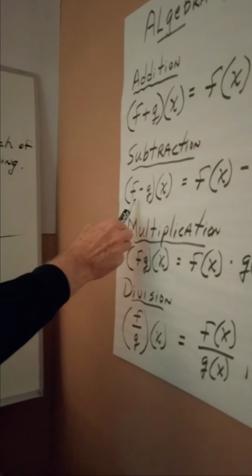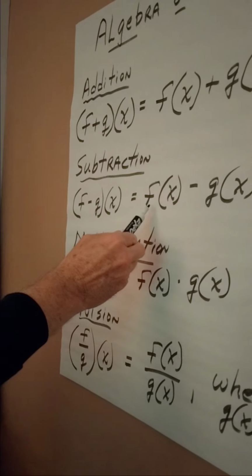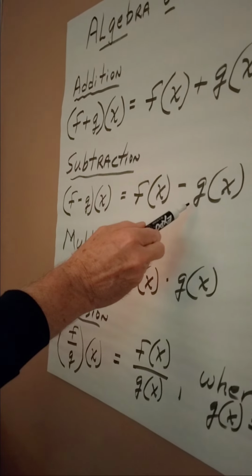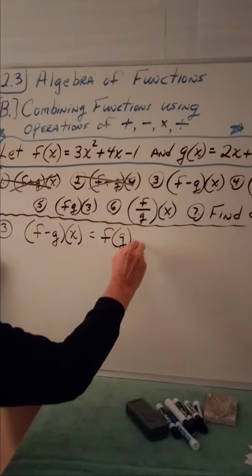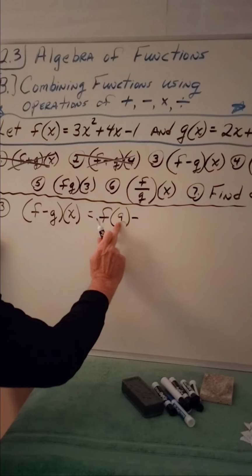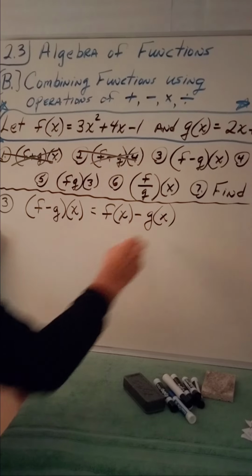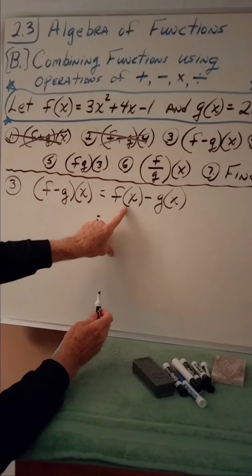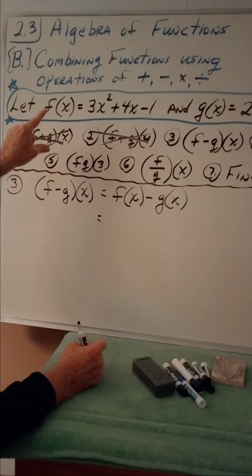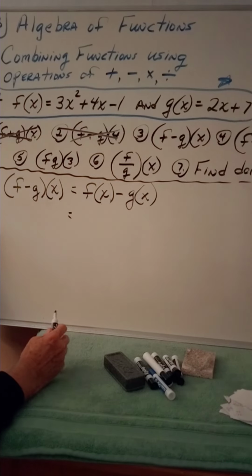The value of f minus g when the domain is x is equal to f of x minus g of x. So right over here, that's what we're going to put. f of x minus g of x, bring down the equal, f of x, go up to your given, this trinomial, bring it down.